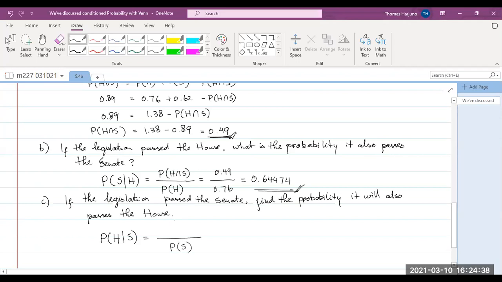So the denominator is passing the Senate, right? The numerator is passing the intersection. Okay. Don't rush to numbers. So write the notation first.